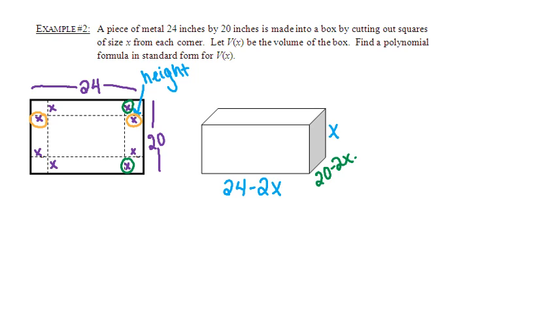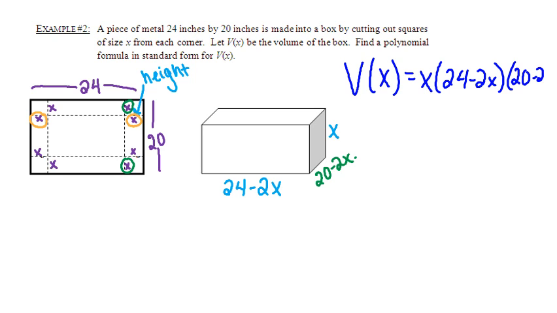Then just like we've already found a volume model before, it wants us to call it v of x for our volume polynomial. We're just going to multiply our 3 dimensions together, so I'm going to do x times 24 minus 2x times 20 minus 2x. And of course we're going to go through and expand it just like we've been doing.